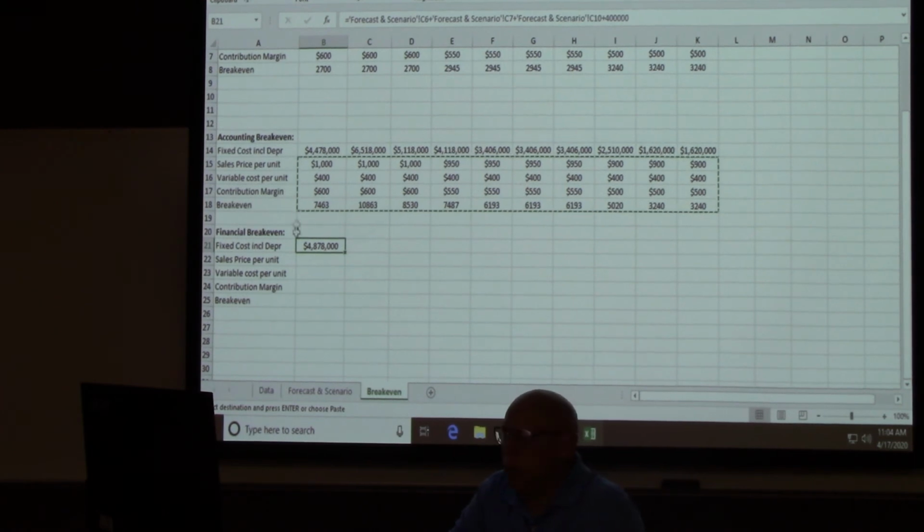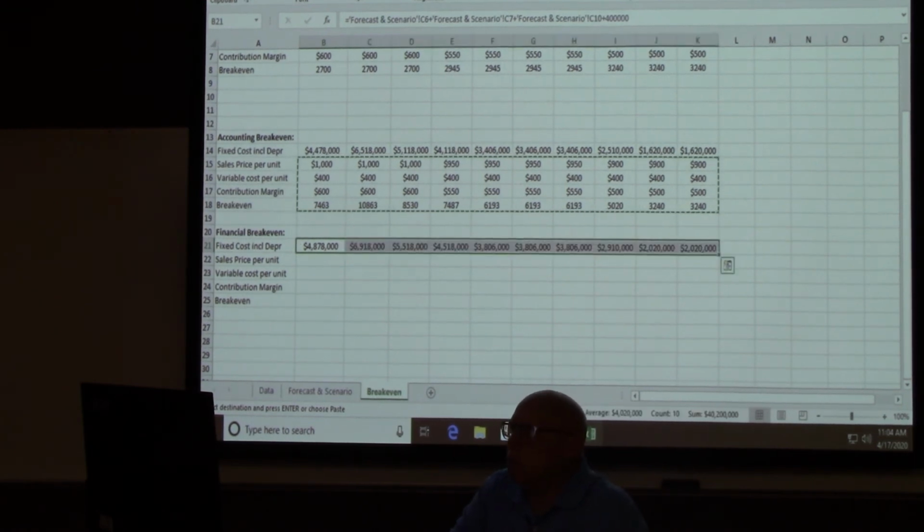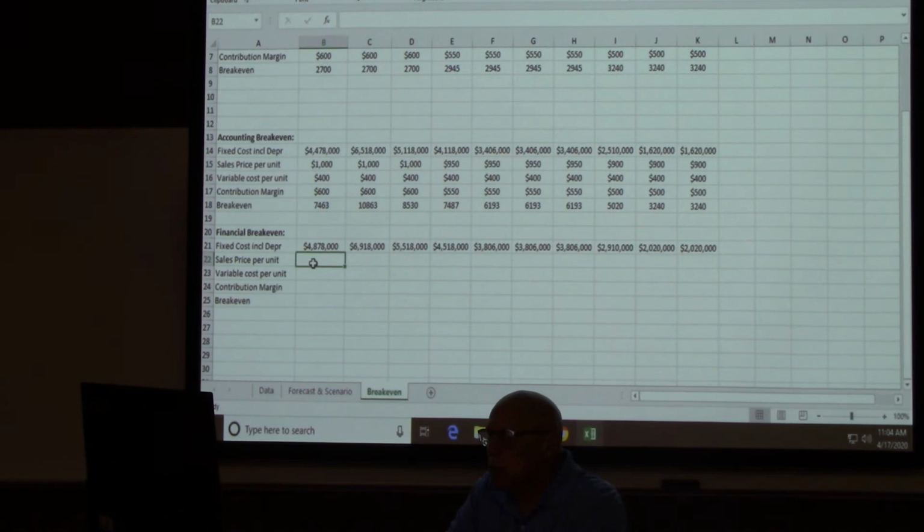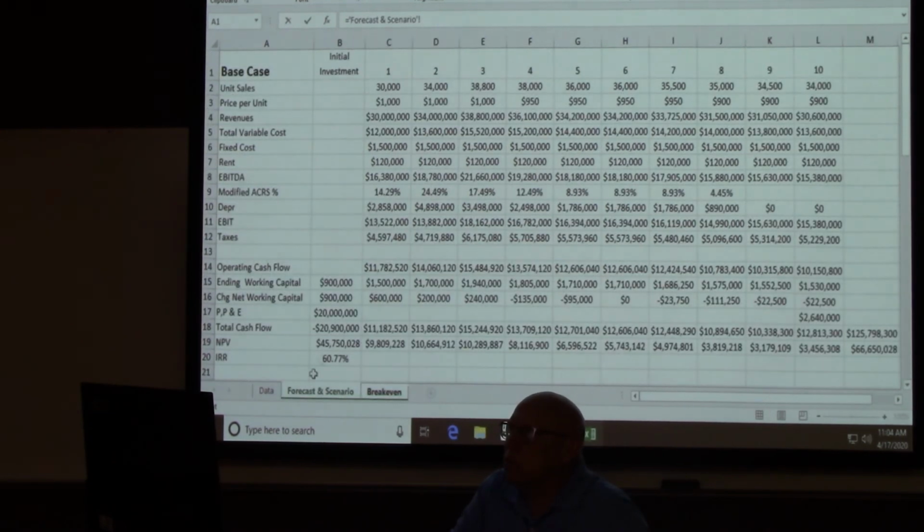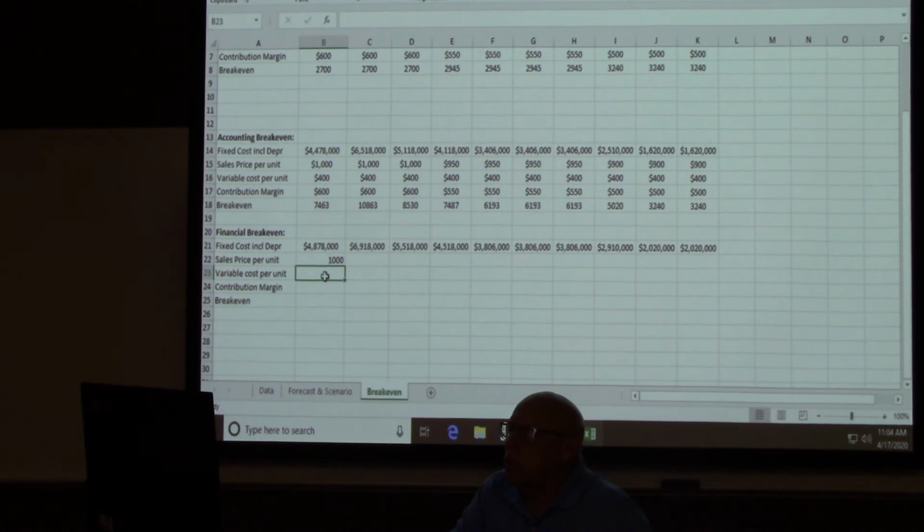Something didn't copy right. Let's put that there. Escape. And okay. Equals that. Equals that.